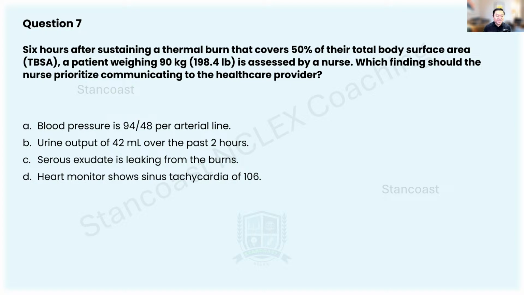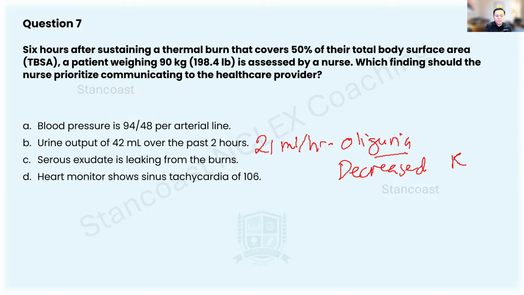That's 21. That is oliguria. That is significant, guys. That's only about 21 mLs per hour. This is a significant oliguria. It simply means that our patient is not getting enough perfusion to the kidneys. Decreased renal perfusion. Yeah, 21 mLs per hour.